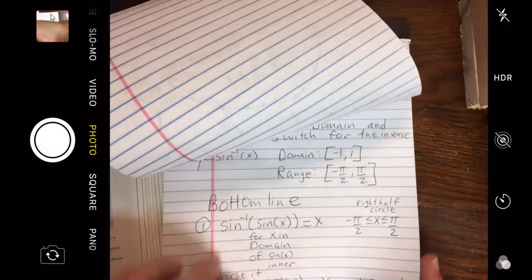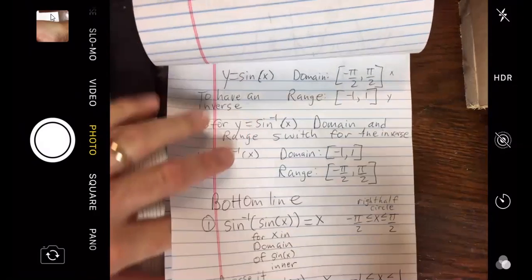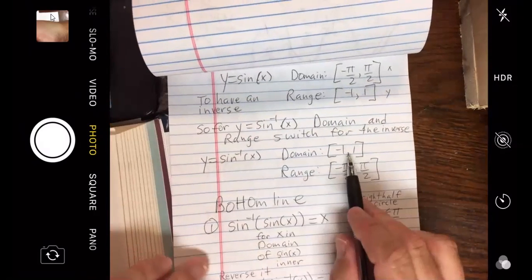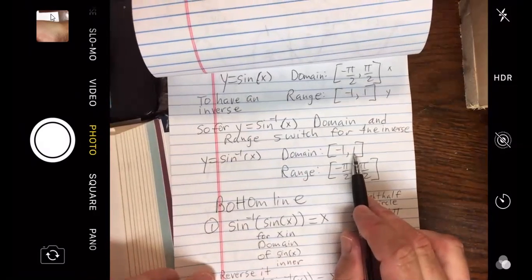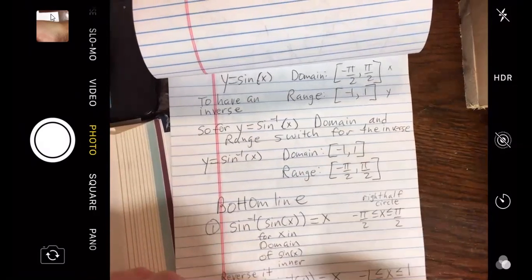You're looking, is 1 in the domain of arc sine? And if you look at arc sine, yes, 1 is in the domain. You're right at the extreme edge of it, but it's in.